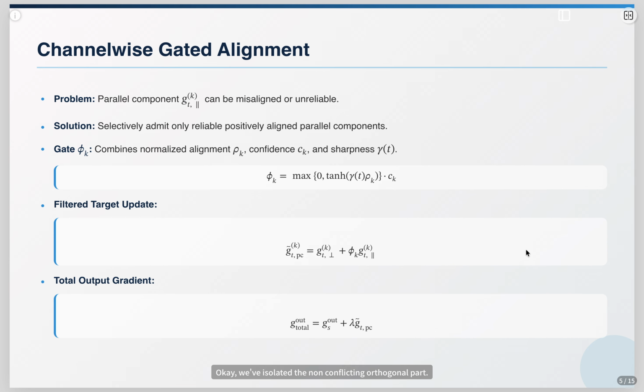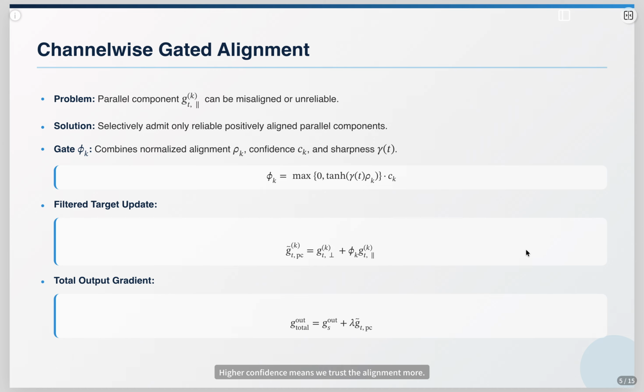Okay, we've isolated the non-conflicting orthogonal part. But what about the parallel part, g_t∥? Even after normalization, it might still be pointing in the wrong direction due to noisy pseudo-labels or occlusions. We don't want destructive interference, so we apply a gate φ_k. This gate is smart. It first checks the alignment ρ_k. If it's not positive, the gate is 0, blocking that component. Then it uses a confidence score c_k derived from the teacher's prediction peak strength.